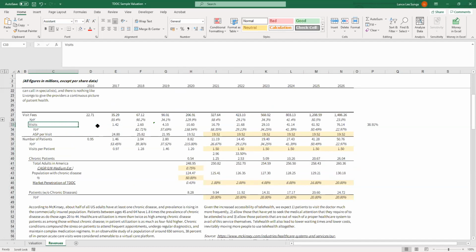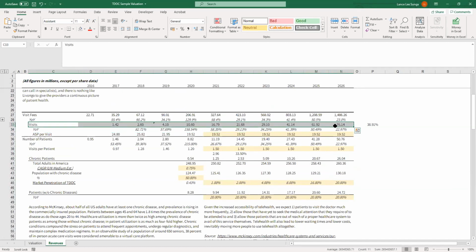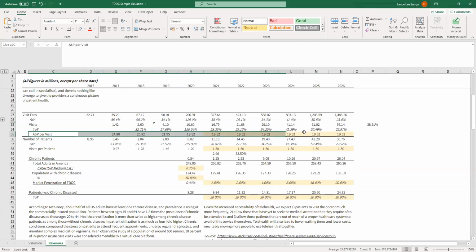But the reason why, as I said before, I only projected the quantity here is because Teladoc doesn't have any pricing power here, or at least not yet, right? It's hard to increase your prices for this one, especially since the service that you will be getting from the start to how many years later would be the same.